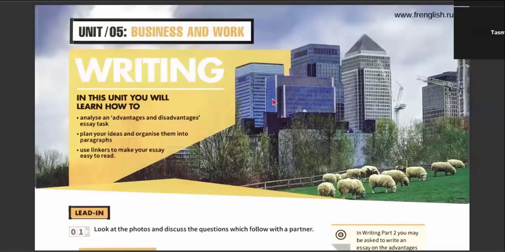If we use these words, it seems that all the lines are connected one after the other. There is a very nice link to everything that we're saying, and it makes it easier for the examiner to read and understand. That is why these words are called linkers, because they link one line with the other.